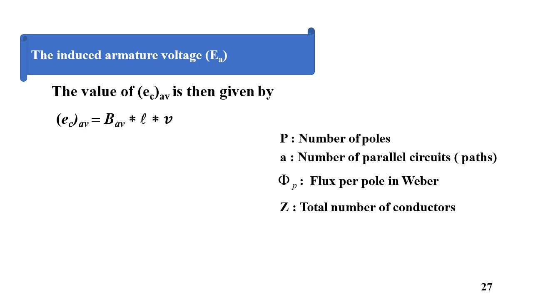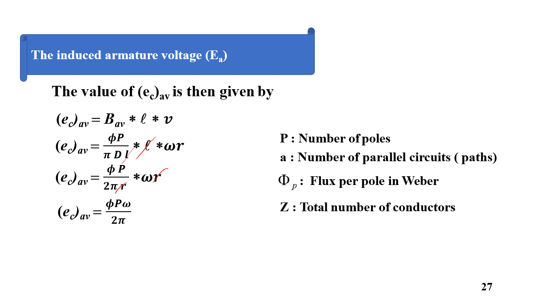For the E conductor average, it equals B average, phi times P divided by pi times the diameter times L, times the length of the machine, which is also L, times omega times R. Here L is cancelled with L. Then we can substitute D with 2R, and R is also cancelled with R. Then we have phi P times omega divided by 2 pi. This is the E conductor average.